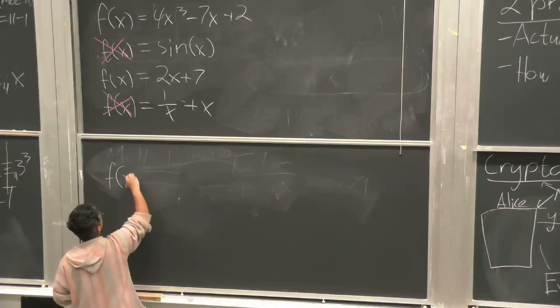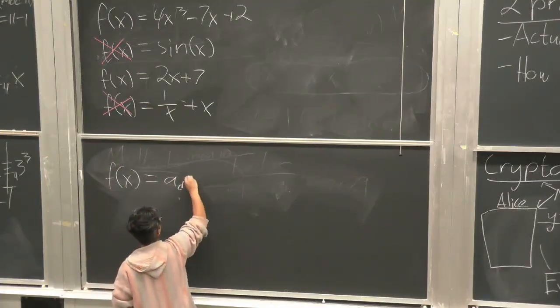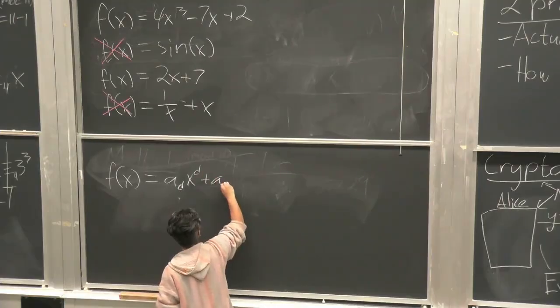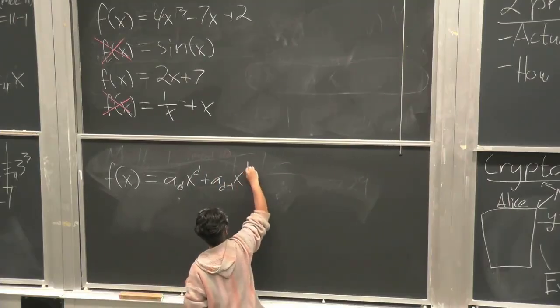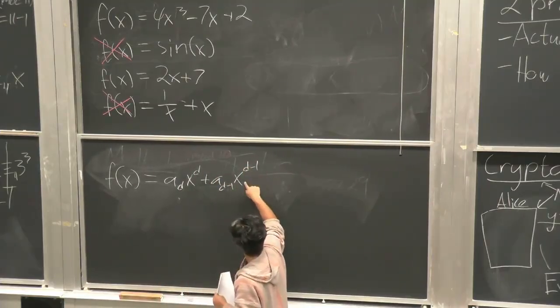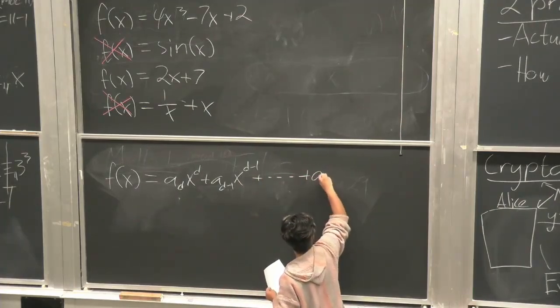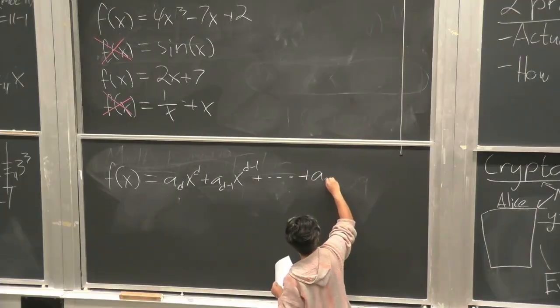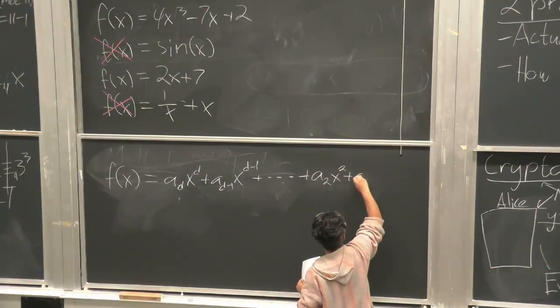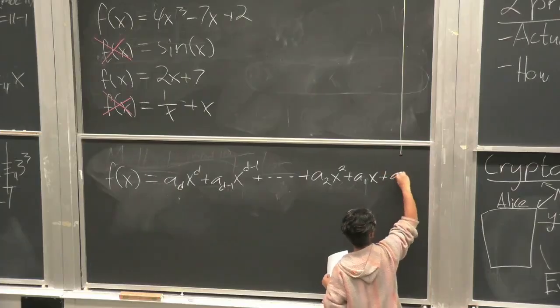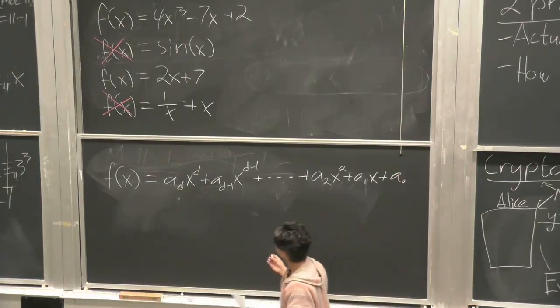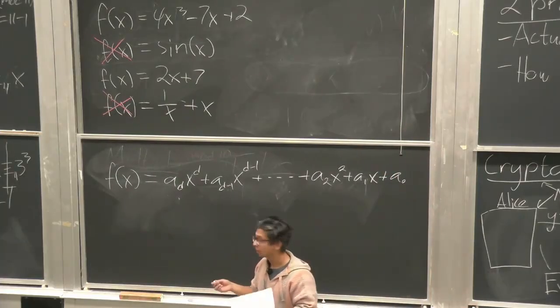It is something that looks like this. We have coefficients times x to an integer power, and we can have any power that we want, down to a_1 x plus a_0.